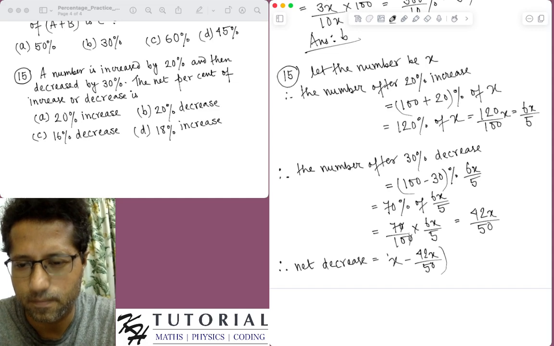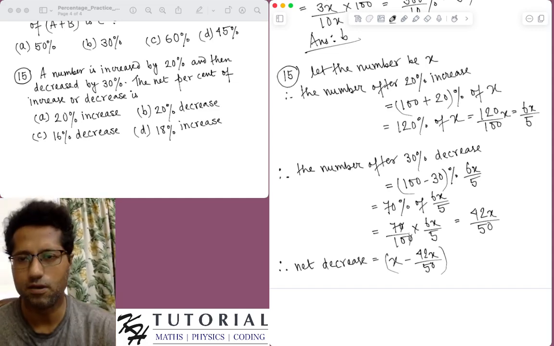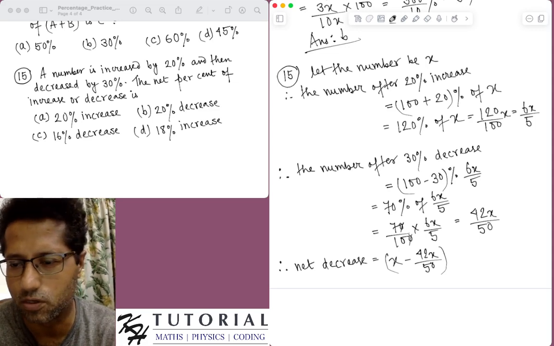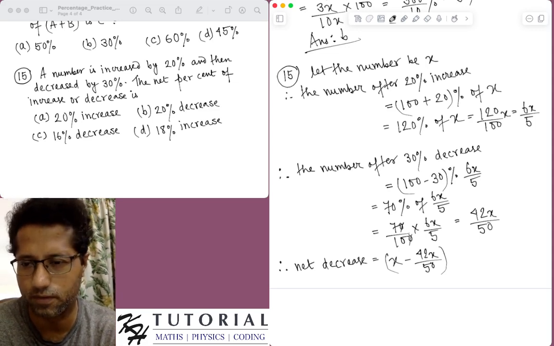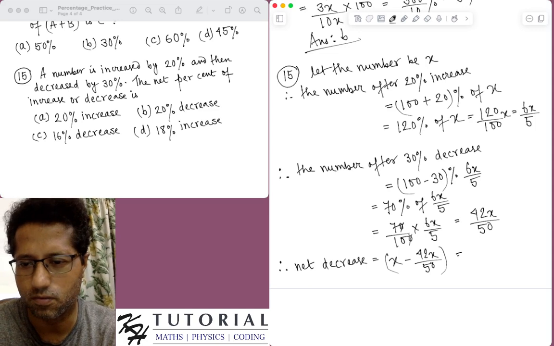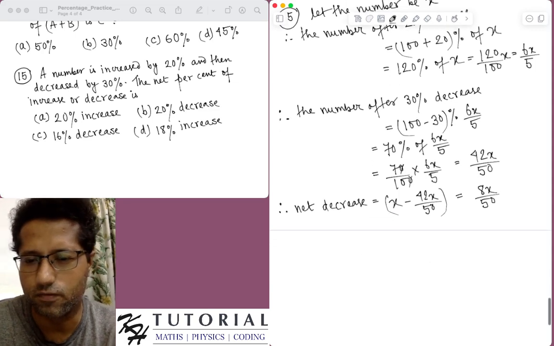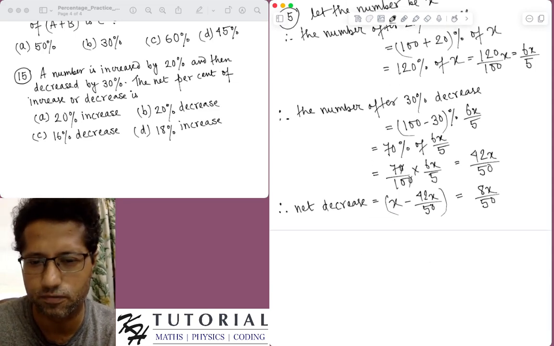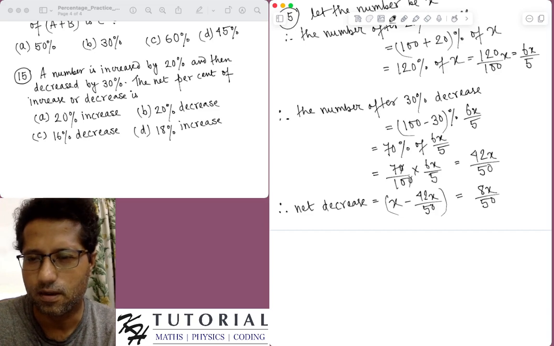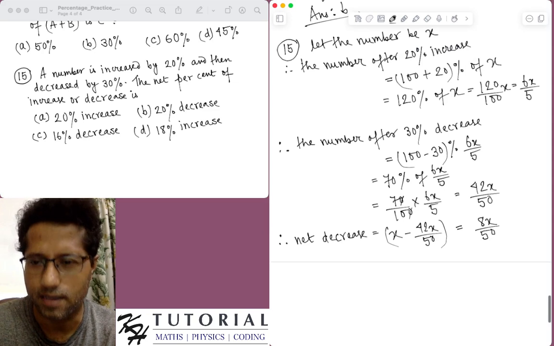This is by how much the original number got decreased, because the original number was x and finally it became 42x by 50, which is less than x. So how much less? That is x minus 42x by 50. This equals 8x by 50. So the number has decreased, that is for sure. Now we have to find what is the percentage of 8x by 50 based on x.